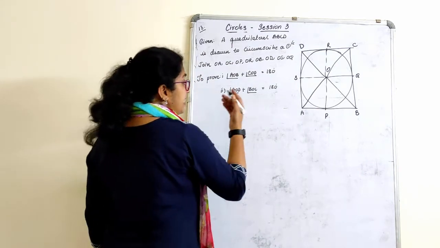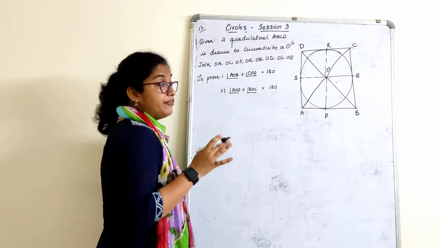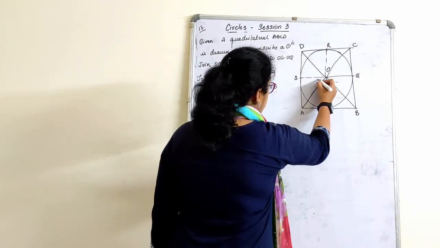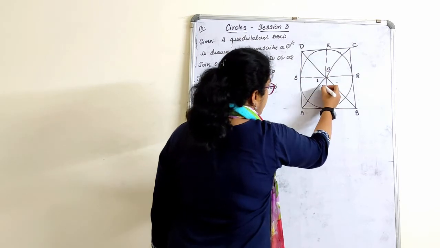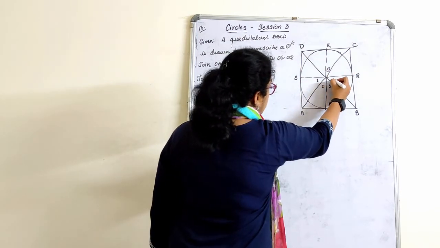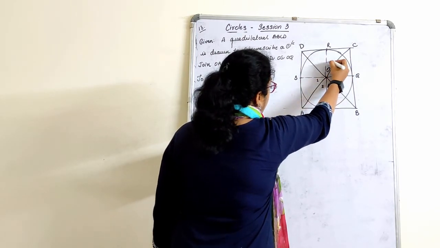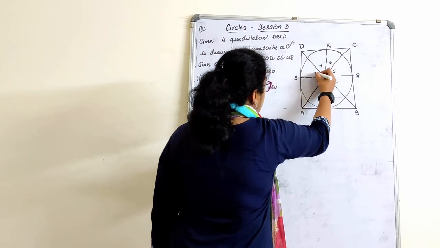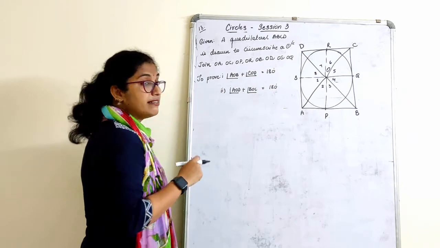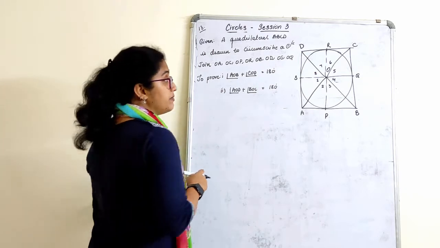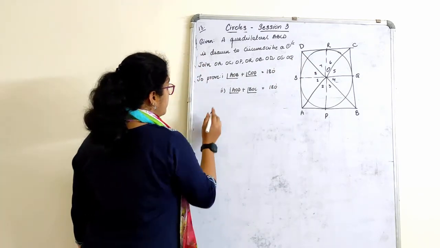So we will number these angles actually. It will be very easy for us. You can number from whichever part you want: 1, 2, 3, 4, 5, 6, 7 and 8. Otherwise it will be very difficult, children. So we'll just number these angles.